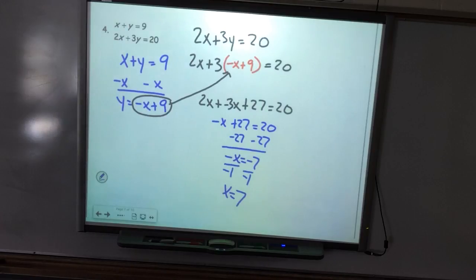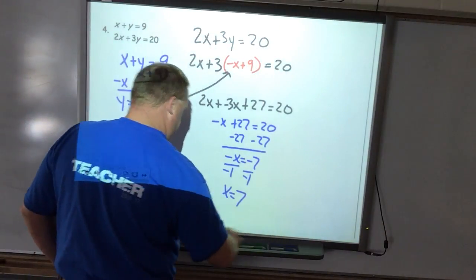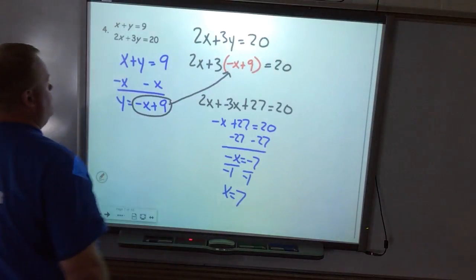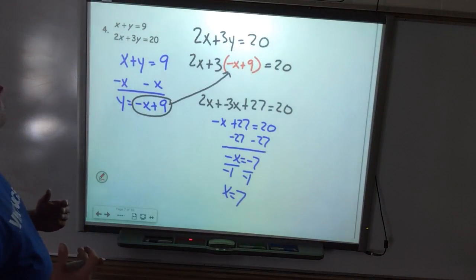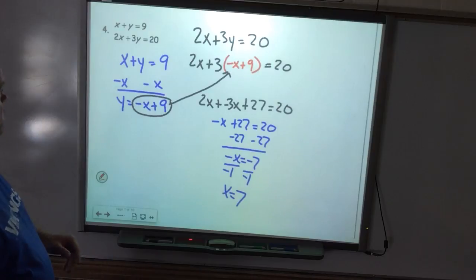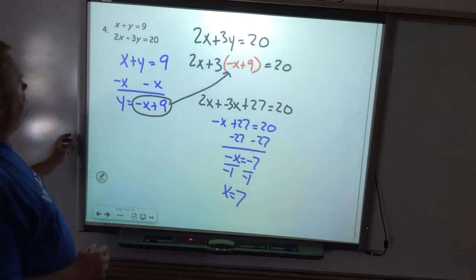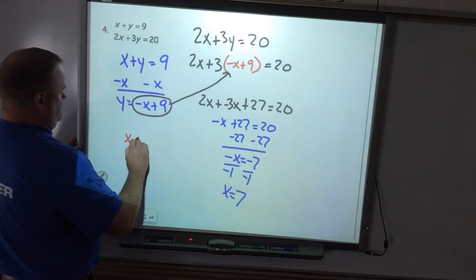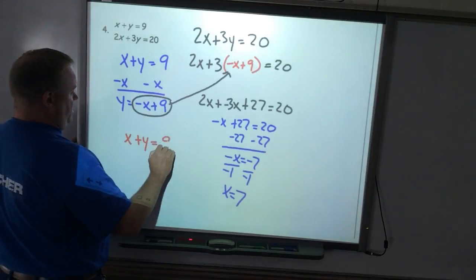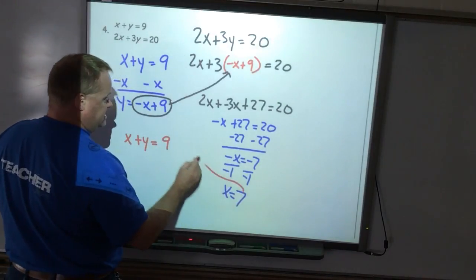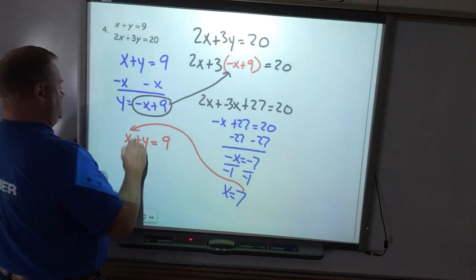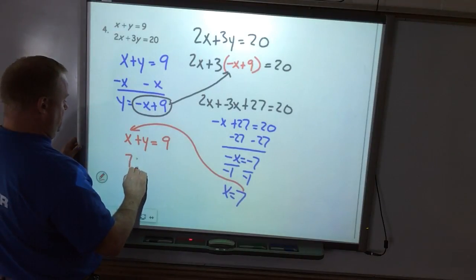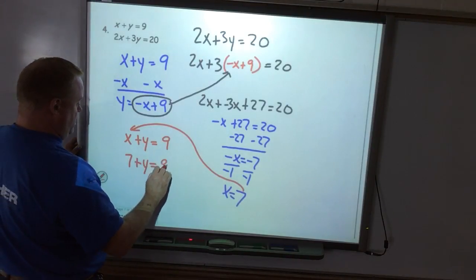Alright, so as I look at this, I can go ahead and plug it into one of the two original equations. It does not matter which one. I'm going to plug it into the x plus y equals 9. I'm going to take this 7 and plug it in for this x, which becomes 7 plus y equals 9.